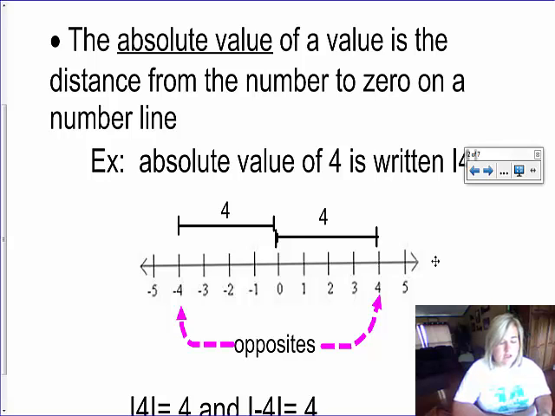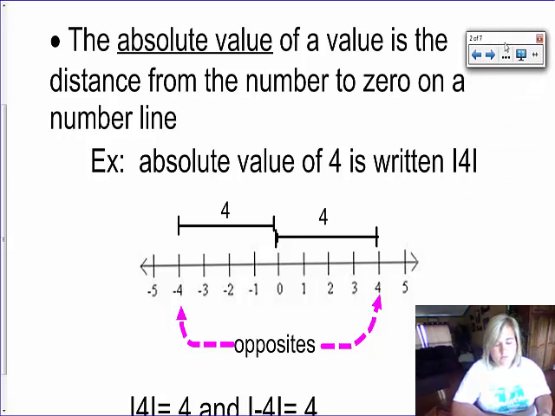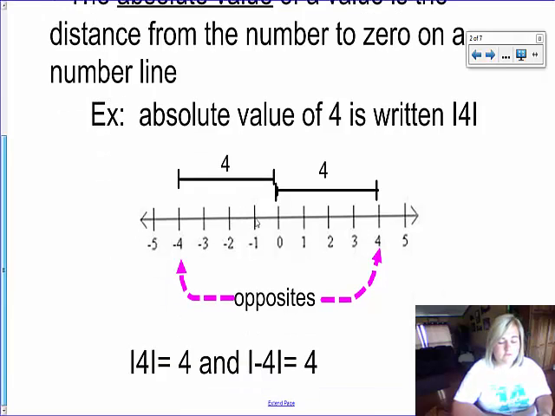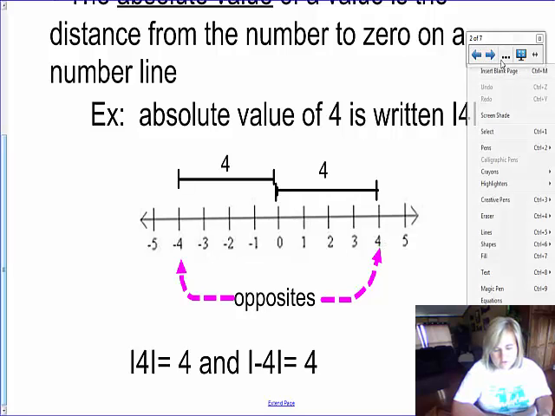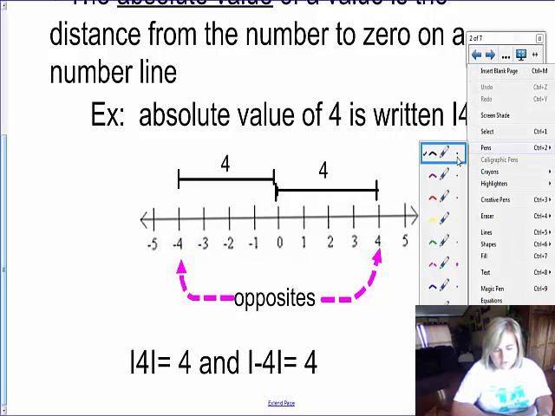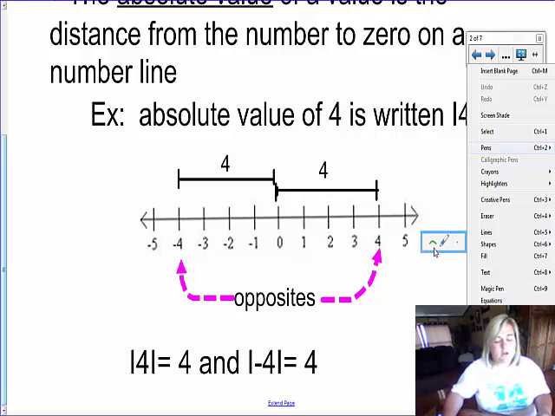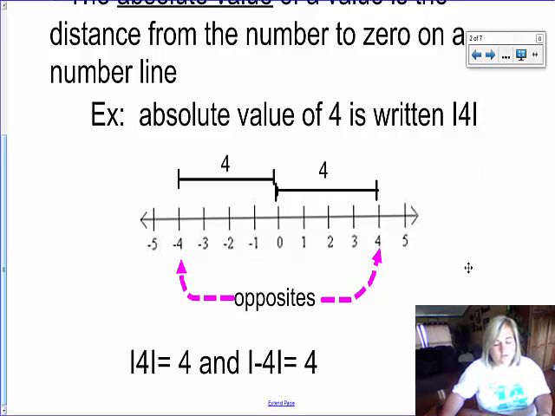So, for example, it says the absolute value of 4, which is written with the absolute value bars that we see here. Okay, we see that 4 is right here. Let me change to a pen instead of my cursor. Okay, so we see that 4 is right here, and negative 4 is over here.